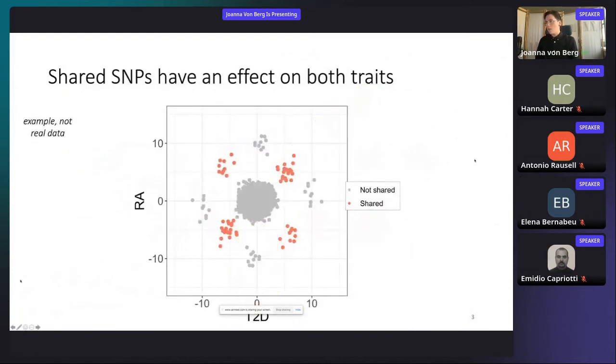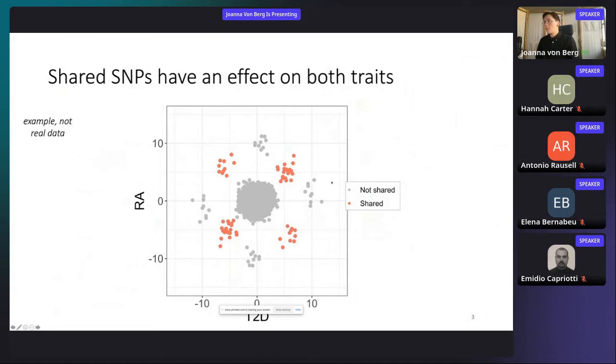And now, first, to give you an intuition of how we will identify these pleiotropic SNPs later on, I first want to look at this visualization where each point is a SNP. The x-axis indicates the effect size of the SNP on T2D, and the y-axis indicates the effect size of each SNP on RA.